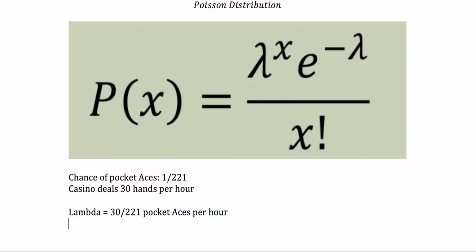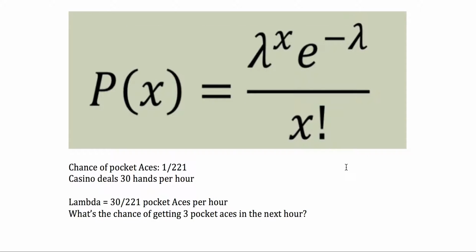Now let's say we want to know the chance that we will get 3 pocket aces in the upcoming hour. We know that these are random IID variables, so we can apply the Poisson distribution formula.